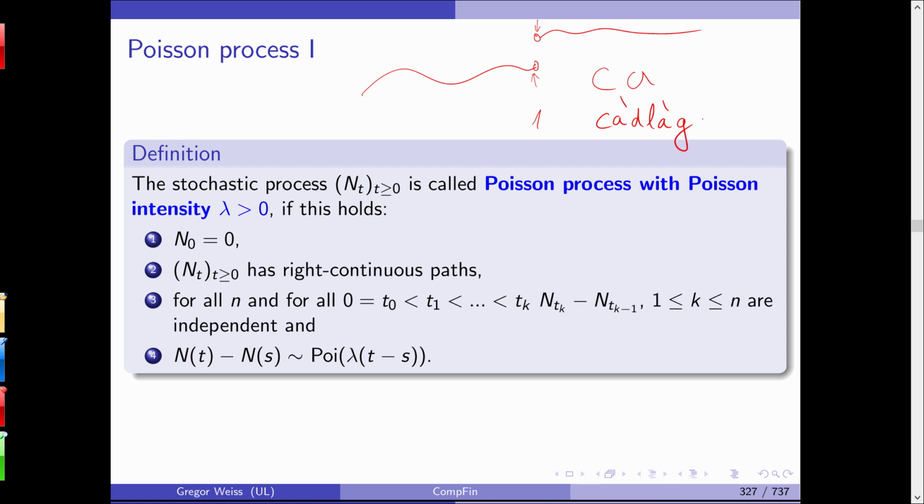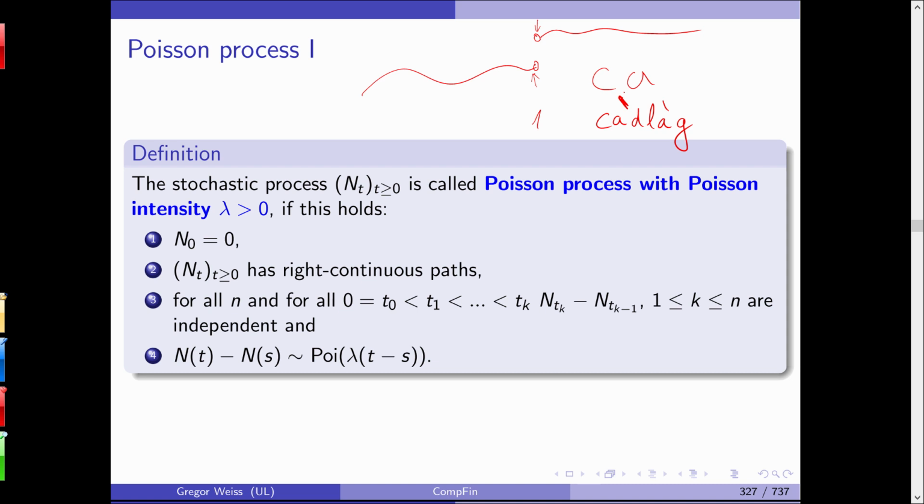Does anyone know what that means? It's French. It's continuous to the right and limited to the left. It's continue à droite, limitée à gauche. And that is why you actually have the accent grave on the A. So that's Cadlag.